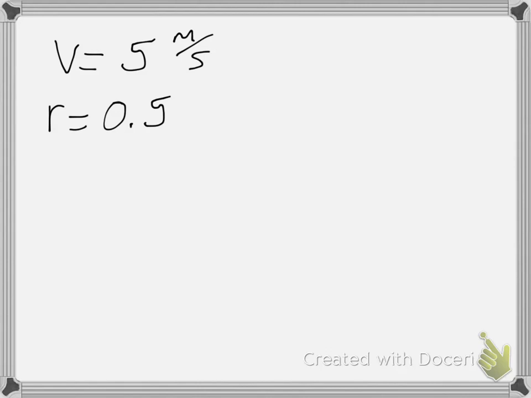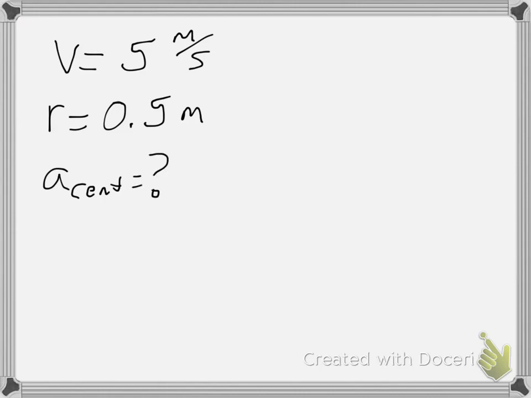Okay, so it's just moving in a complete horizontal circle, and let's let the speed of the ball be 5 meters per second, and let's let the radius of the string, or the length of the string, which will turn out to be the radius of the circle, be 0.5 meters, or 50 centimeters. Okay, so what is the centripetal acceleration?